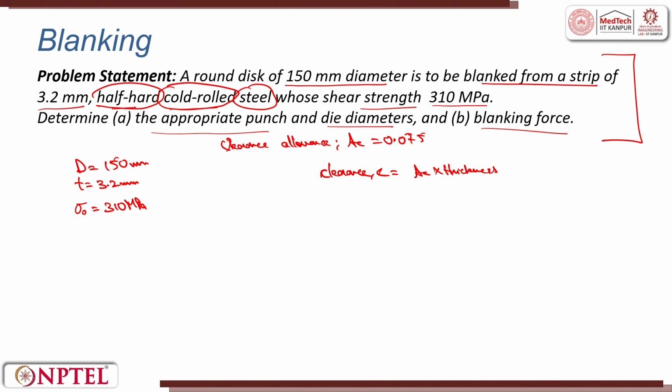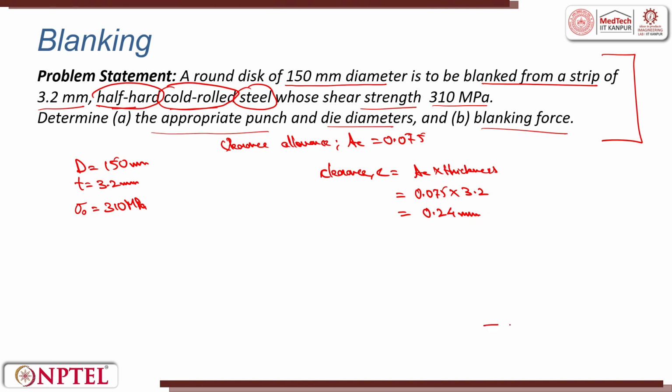Now, since blank diameter is 150, punch diameter is blank diameter minus the clearance. Clearance is 0.075 into 3.2. This is equal to 0.24 millimeters.